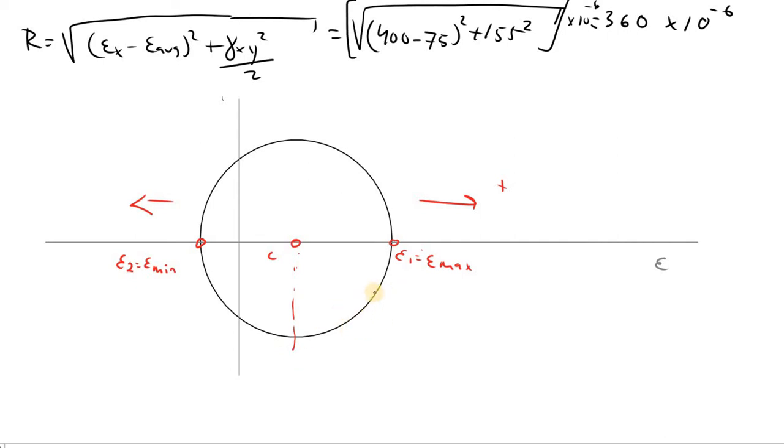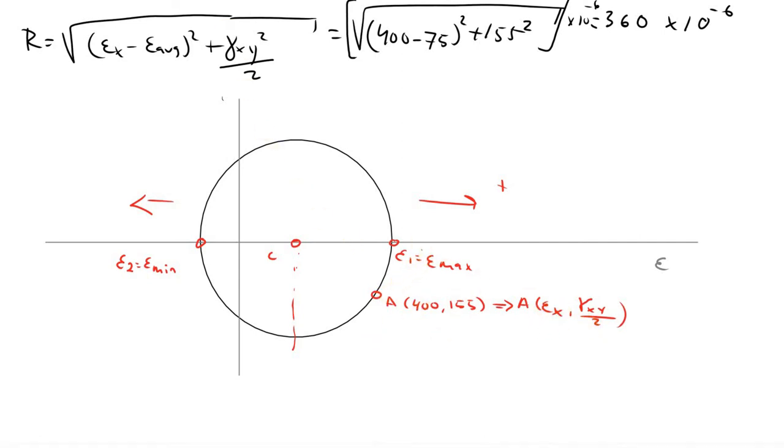So let's put my reference point A at this point here. So A, 400, 155, also the same as A, shear strain xy divided by 2. Don't forget to divide it by 2.